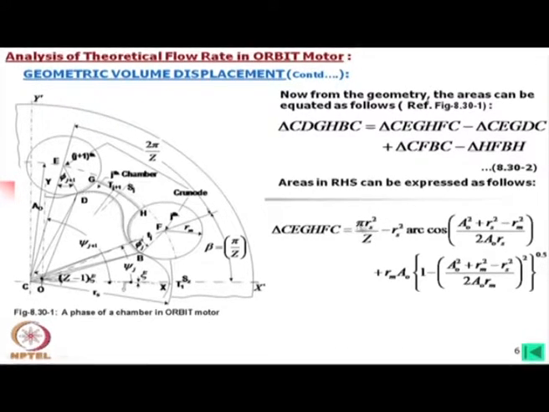We have taken 1/7 of this area, because this area will be 1/7, and then we have taken r a square arc cos. You can just understand this. Arc cos means cos inverse of this angle.